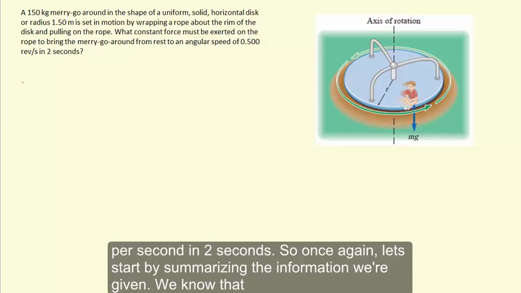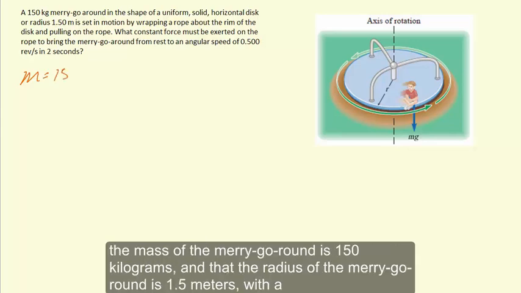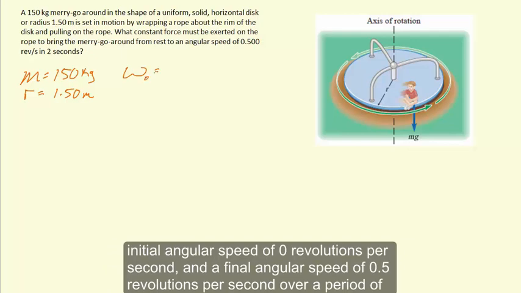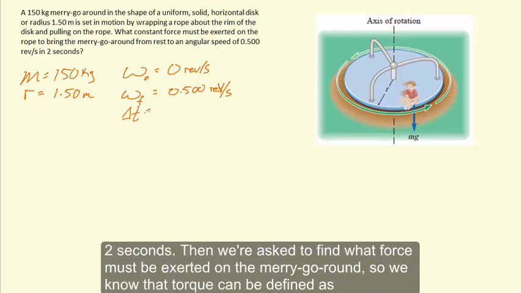So once again, let's start by summarizing the information we're given. We know that the mass of the merry-go-round is 150 kilograms, and that the radius of the merry-go-round is 1.5 meters, with an initial angular speed of 0 revolutions per second and a final angular speed of 0.5 revolutions per second over a period of 2 seconds.